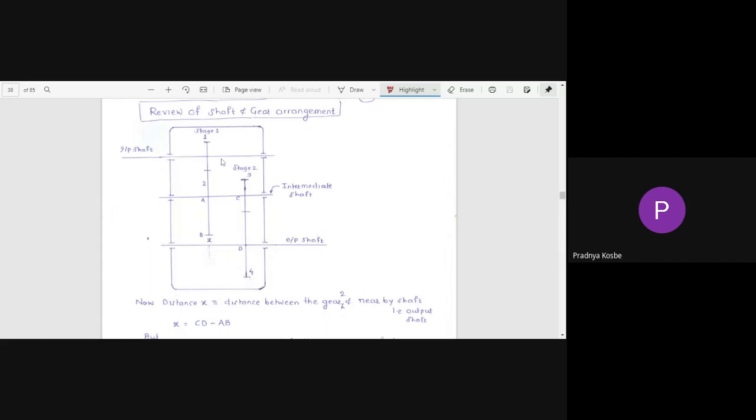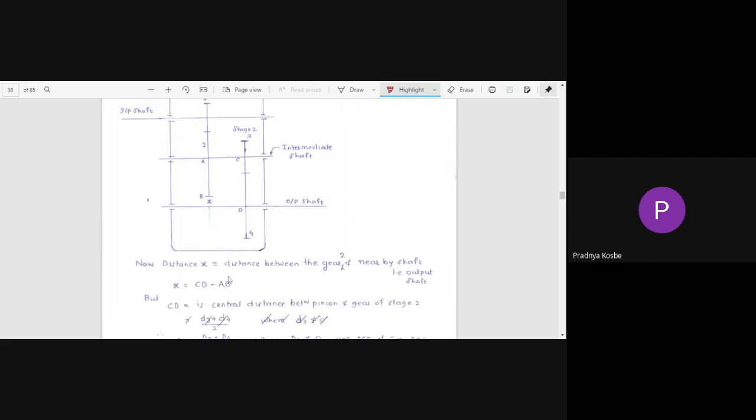So input shaft, input gear. Intermediate shaft, driven gear of first stage, and input gear of second stage. The fourth gear is on the output shaft. Correct? So gears 2 and 3 will rotate with the same speed. Now this portion is the casing. Okay.